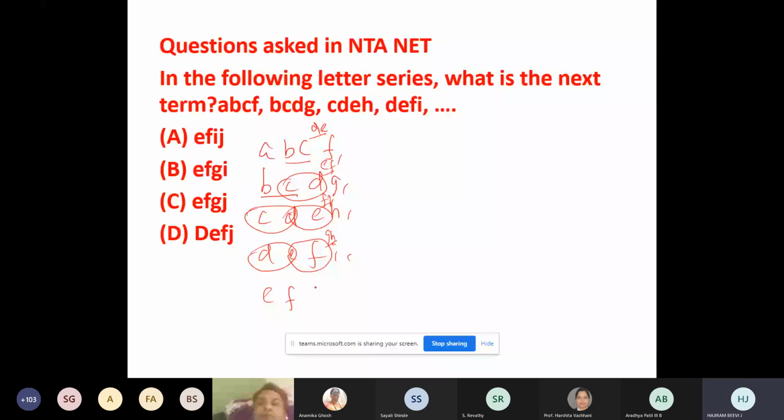So A, B, C, then E, F, G. So after G, two letters means it is H, I, J. So the right answer is EF, then G, H, I, J. So the right answer is EFGJ.